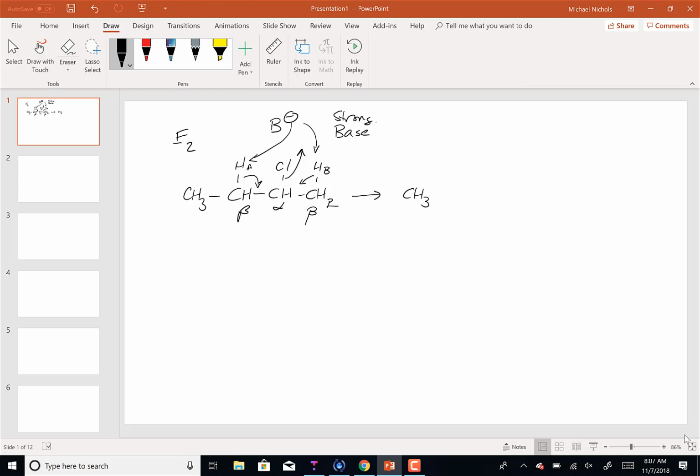So let's write the transition state for HA being removed. So in the transition state, I'm going to have a bond between the base and the hydrogen, partial bond, because that's the bond that's forming. I'm going to have a partial bond between the carbon and beta hydrogen A, because that's the bond that's breaking.